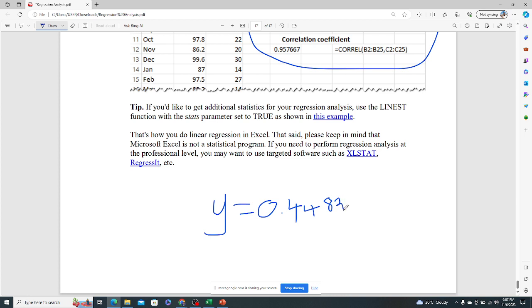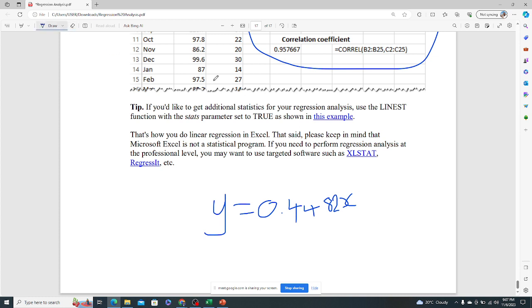0.4482 x, multiplied by x, plus or minus our intercept. So that is our intercept.